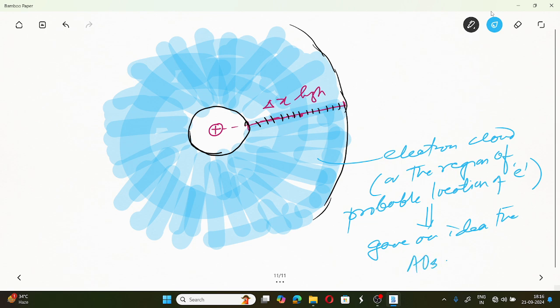So from the uncertainty principle, we can have an idea about the region of probable location of the electron, or the concept of orbital.